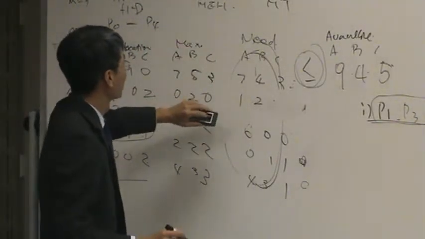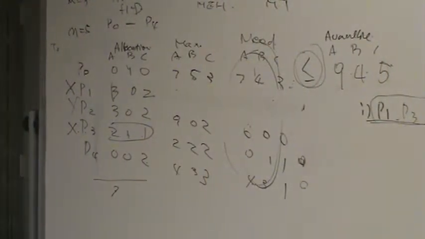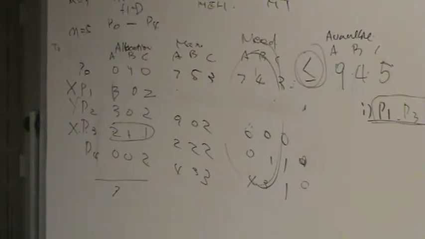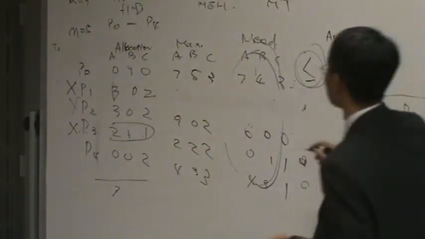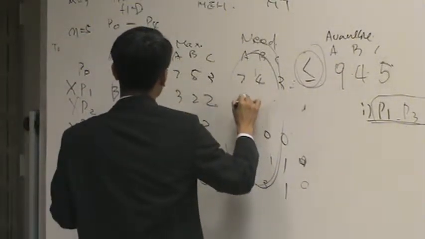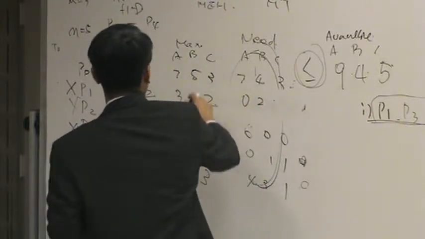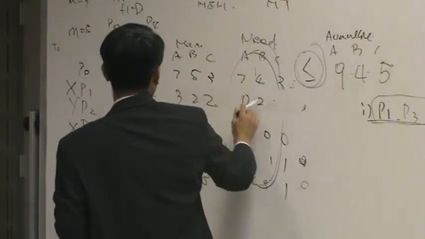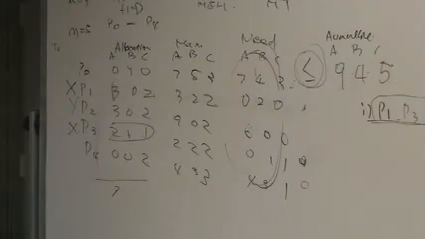Okay. What was the maximum of P1? 3, 2, 2. So 1, 0, 2. So max minus 3, 2, 0, 2, 0, 0. Okay.